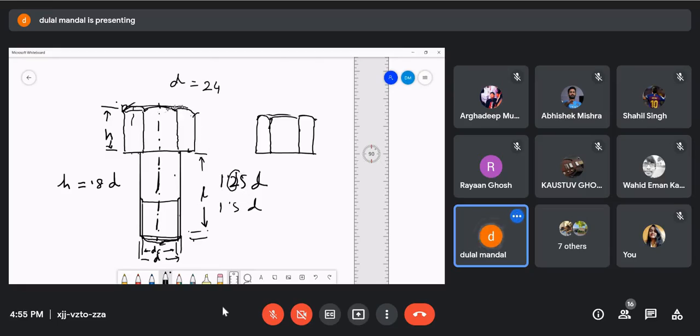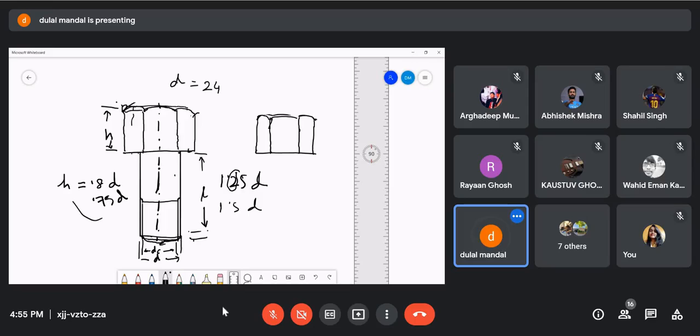So draw this, and this height I told you depends on it. Sometimes this is 0.8D, and in some books you will find 0.75T. So 0.75 and 0.8D are almost similar; you can consider any one of them.